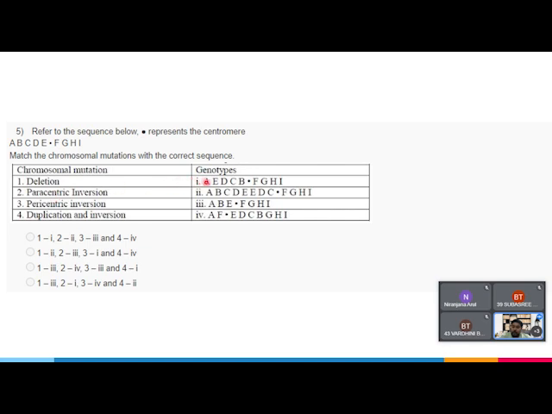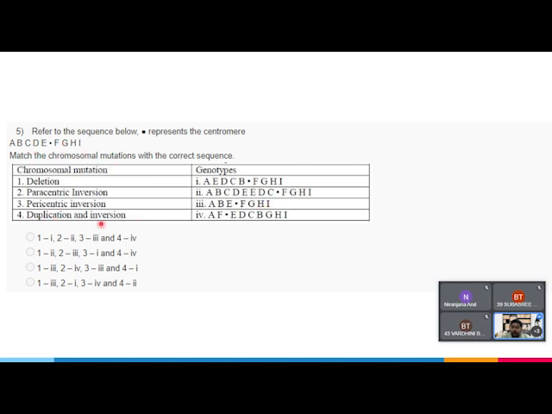2 part 1 is A, E, D, C, B, F, G, H, I. Inversion in one half of the chromosome. 3 with 4 is given here, in which we have essentially the entirety of one chromosome coming to the other, A and F, and everything else goes to the other side.